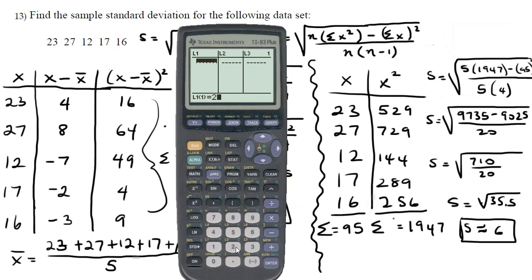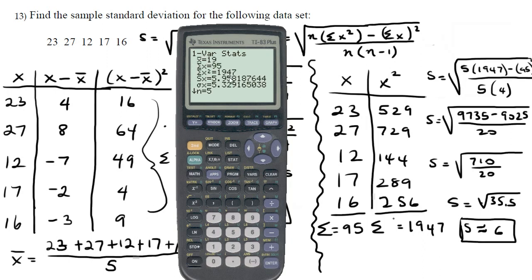So I put my values in: 23, 27, 12, 17, 16. Those are my 5 values. I go back to stat because I want to calculate some statistics now. One variable statistics, one variable. Just X, no Y's, no Z's.